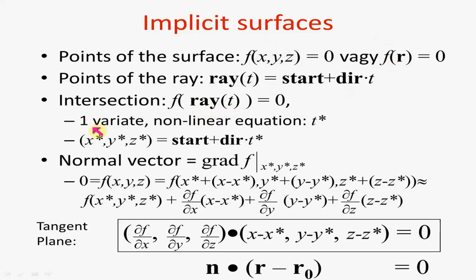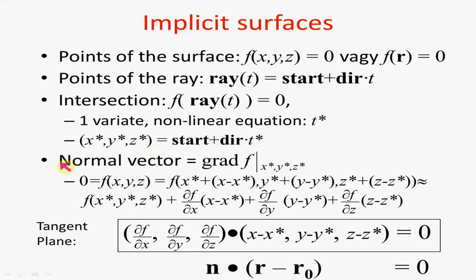So we may have different algorithms, at least numerical algorithms, to find the solution. Let us denote the smallest positive root of this equation by t star. Substituting t star back to the ray equation, we can obtain the Cartesian coordinates of the intersection point.